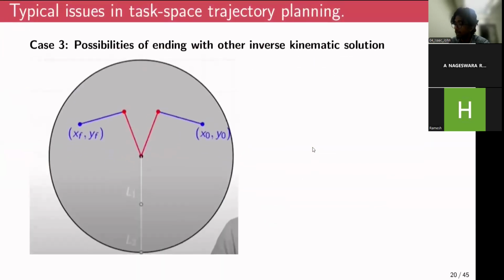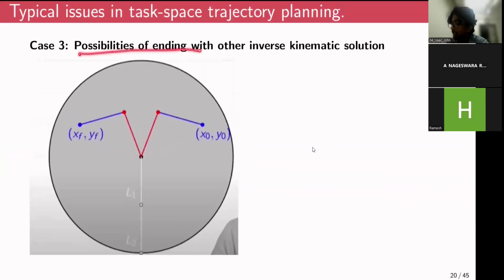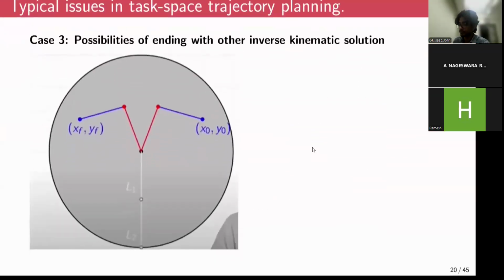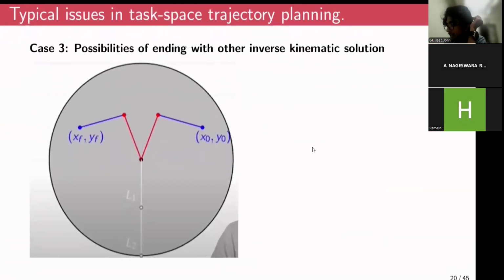Another case is the possibility of ending up with another inverse kinematic solution. If you consider this case, we begin with x0, y0, and we end up with this xf, yf. Ideally, we begin with this sort of configuration, maybe we can call this an elbow down configuration.